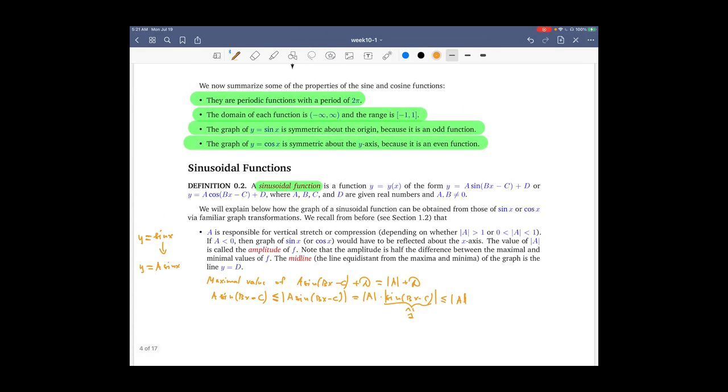And likewise, any number is greater or equal than its own negative absolute value, which is again negative product of absolute values.